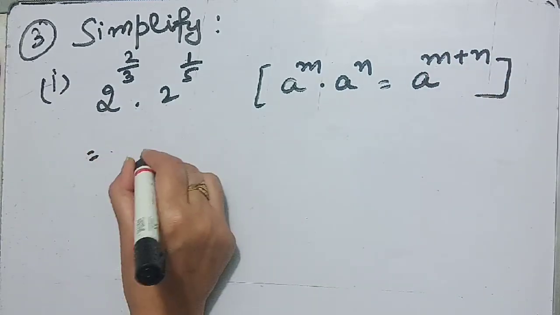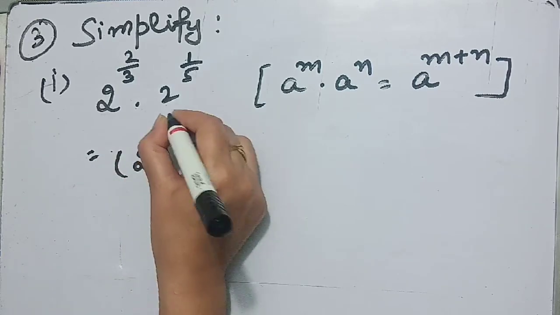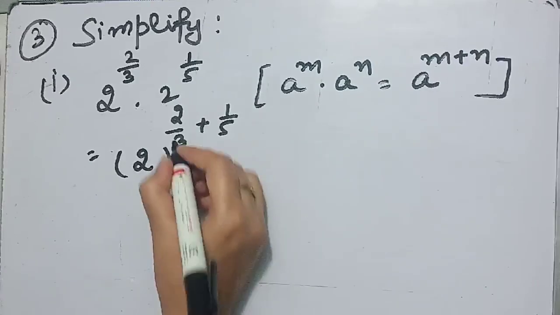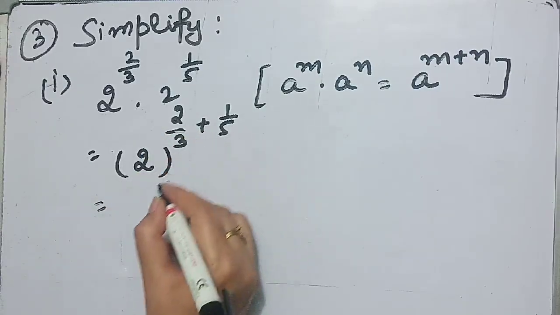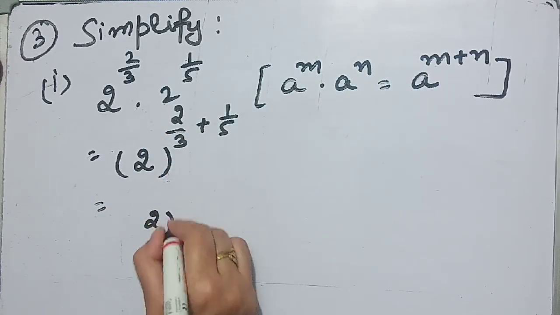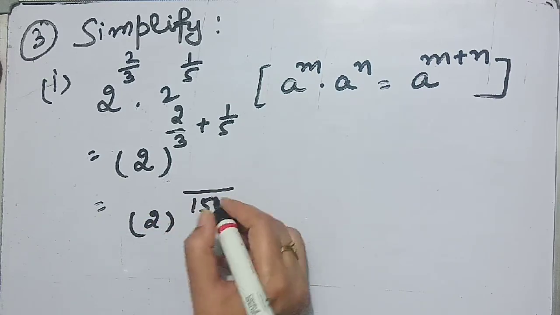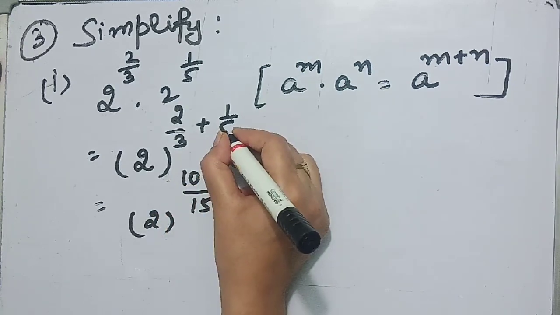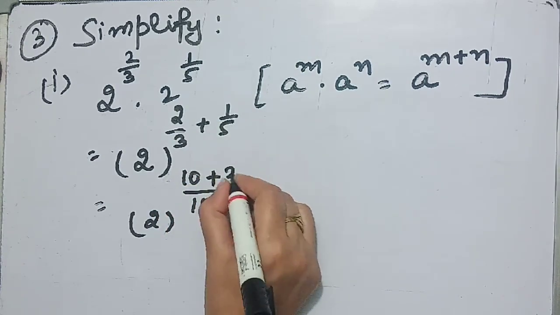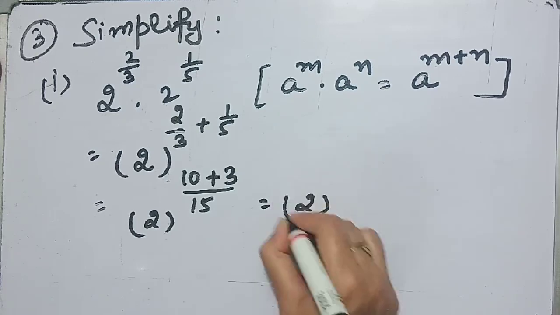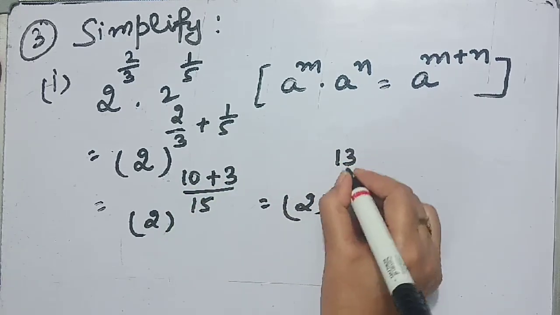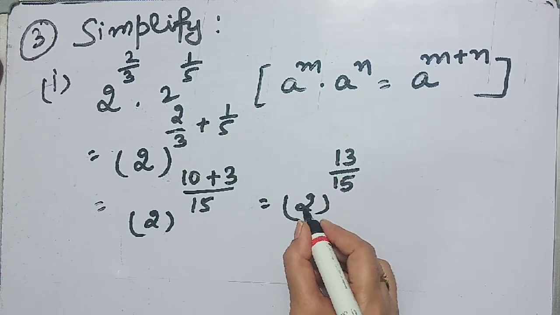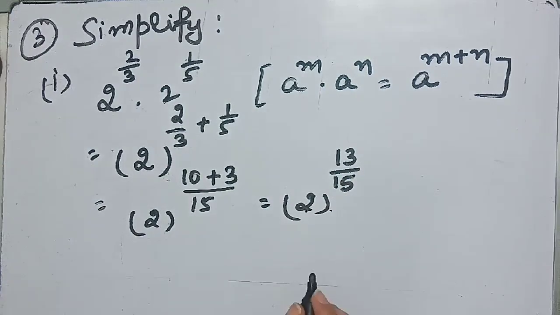Now the base is 2 and the powers are 2/3 plus 1/5. Taking the LCM of 3 and 5, that is 15. 15 divided by 3 is 5, 5 twos are 10. 15 divided by 5 is 3, 3 ones are 3. You are getting 10 plus 3, 2 power 13/15. Now 2 is a prime number, it cannot be factorized. This is the answer of the first part.